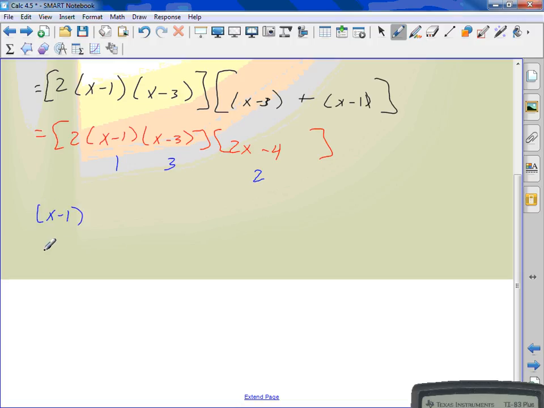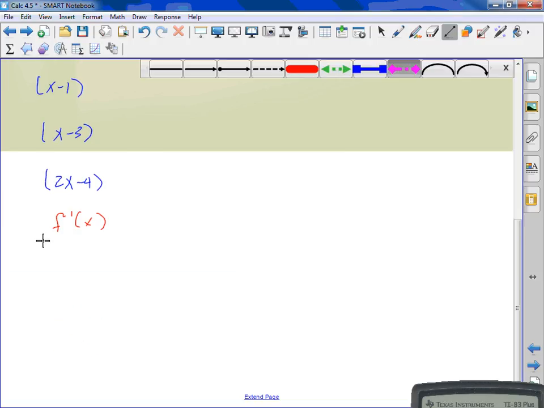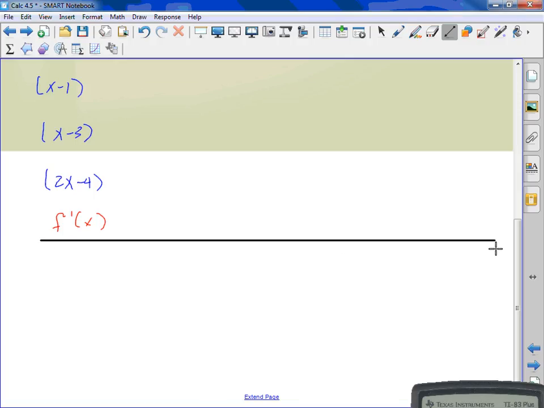My second one is x minus 3. My third one is 2x minus 4. The last one is f prime of x. I don't feel like rewriting it right now. My numbers: the smallest one's 1, the next one's 2, the next one's 3.